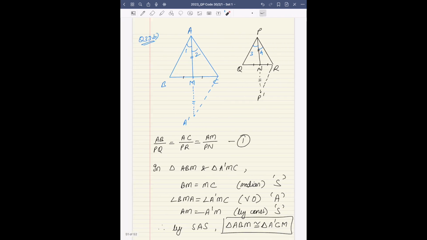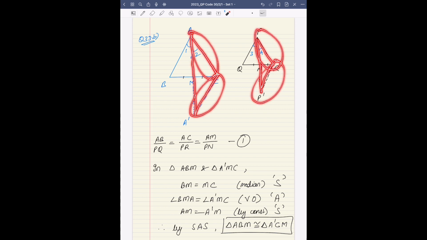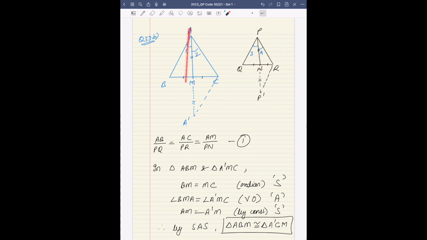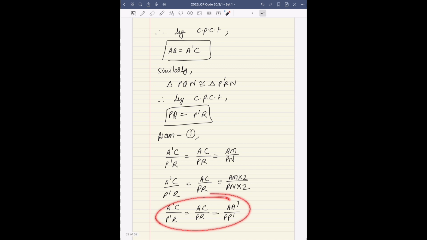Now look at this. Now these two triangles are similar. Why? A dash C, P dash R proportional, AC, PR proportional, and AA dash and PP dash are proportional. Correct? You can look over here.